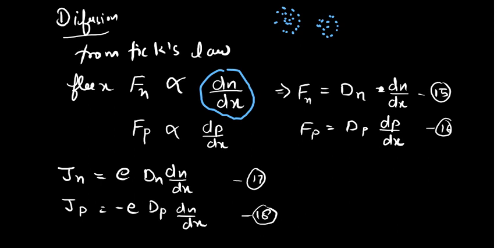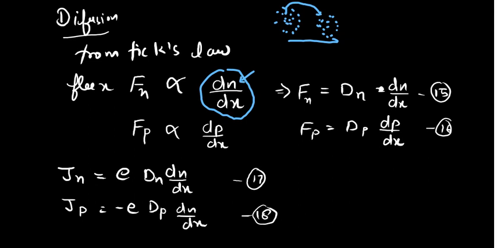To maintain equilibrium, some electrons will move to this side, and similarly for holes. Change in concentration with respect to distance is called the gradient. The flux is related to flow, and the flow will be directly proportional to the concentration gradient of carrier density, that is dn by dx.